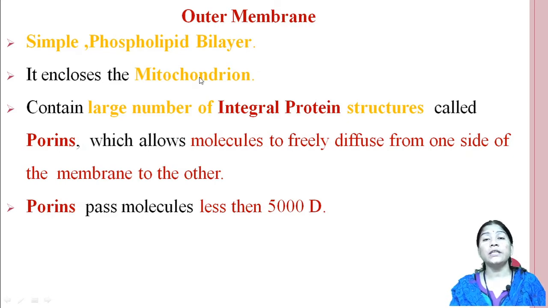It encloses the mitochondria and contains a large number of integral protein structures, which are called porins. These porins allow molecules to freely diffuse from one side of the membrane to the other.